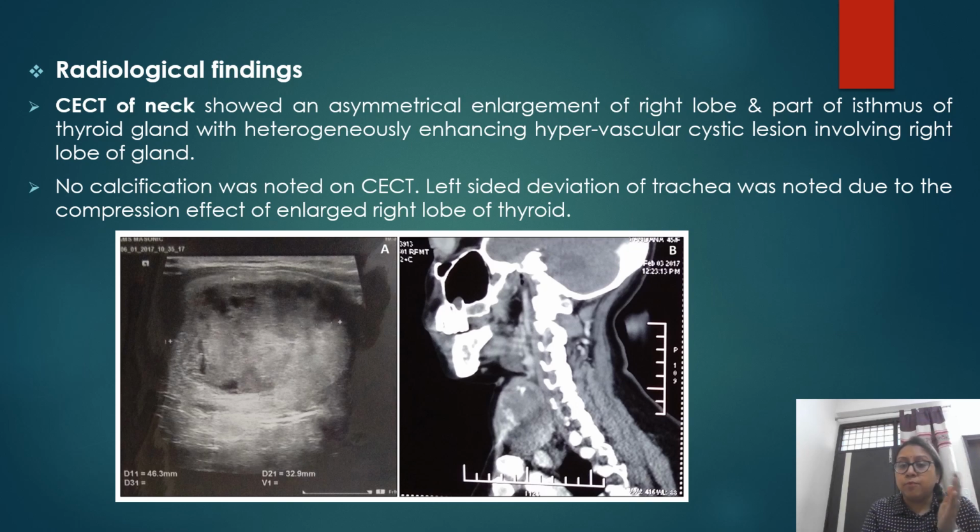But the point which I was stressing upon was that general and systemic examination was normal in this patient. No calcification was noted in CECT in spite of the evidence of EMH in the thyroid gland. So correlate the things.